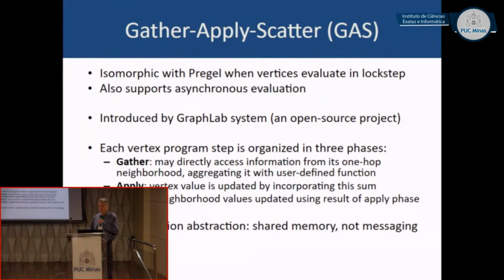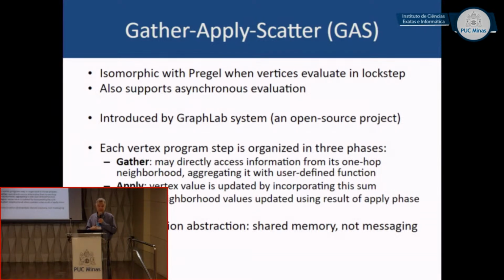Here is a variation that was introduced and used, known as GAS, gather, apply, scatter, which is conceptually isomorphic with Pregel when the vertices evaluate in lockstep, but it also supports asynchronous evaluation. It was introduced by the GraphLab system, another open source project at the time. And here, the vertex program is organized in 3 phases. In the first one, a vertex gathers information from its neighbors. It can read the attributes at the neighbors.